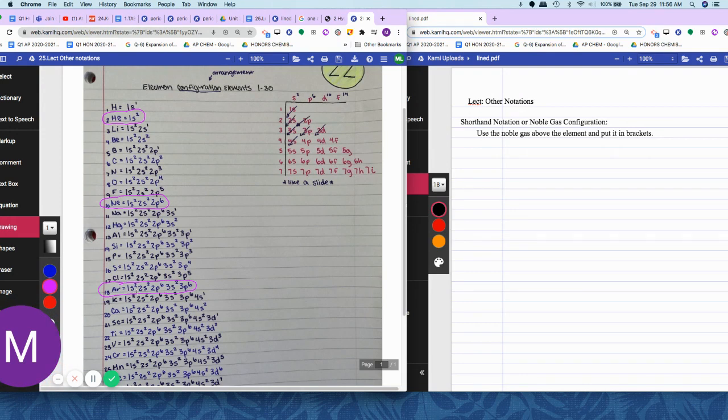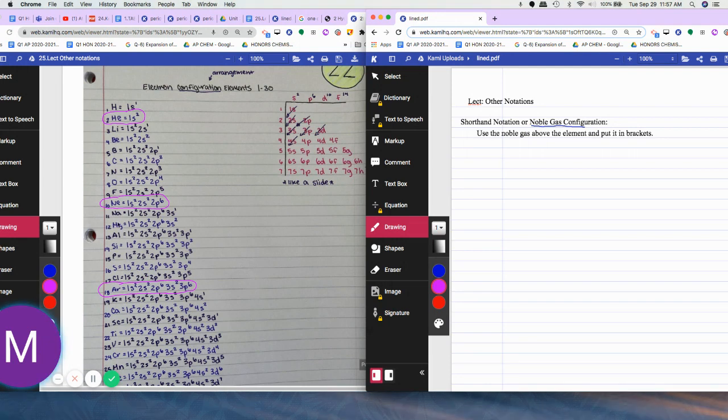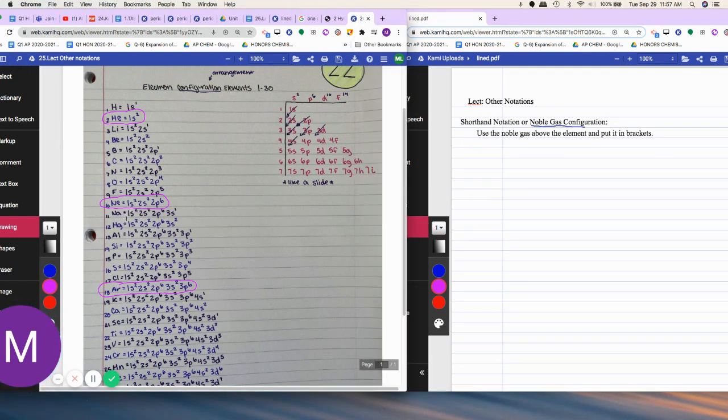Okay, the reason we use a noble gas configuration is because the noble gas is very stable. And so, for example, sodium right here has the same as the noble gas here with a 3s1 extra electron.